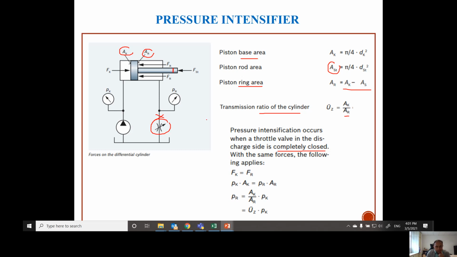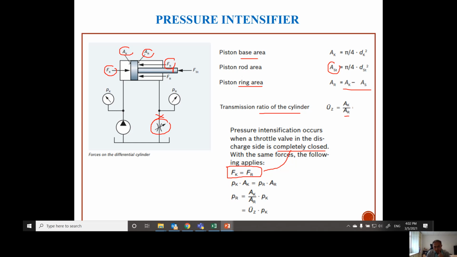So when this happens, you will have a situation where the force on this side, Fk, is equal to the force on this side, which is Fr. Bear in mind, this only happens when you completely close the DCV, flow control valve or throttle valve.